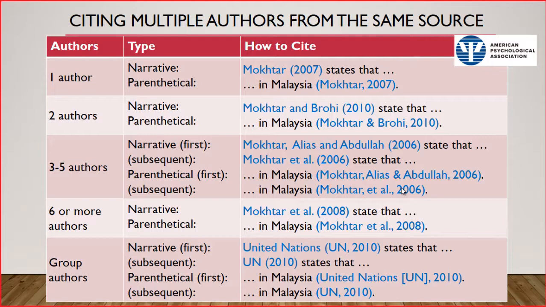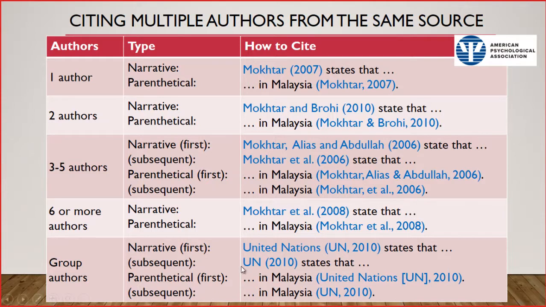For the first occurrence, you cannot have Mohtar et al. if it is 3 to 5 authors. You need to type this manually. You cannot automatically insert it using the citation tool. So these are the things that you need to be aware of: what you can use automatically, and what you need to type in.